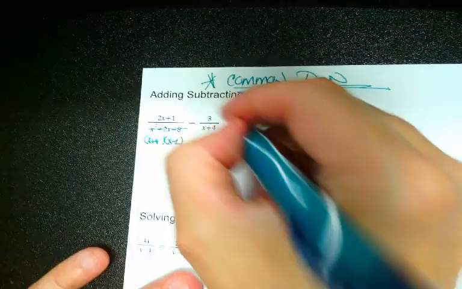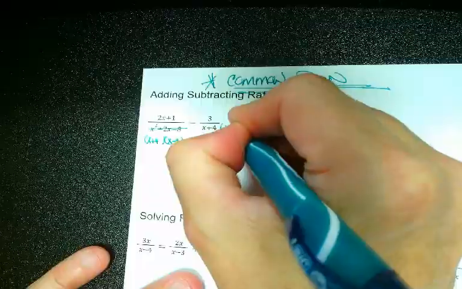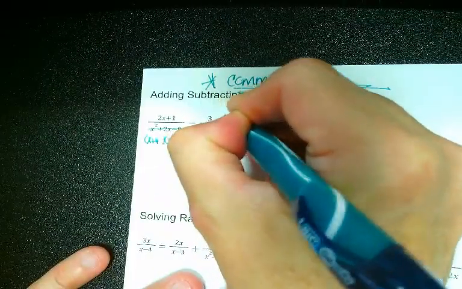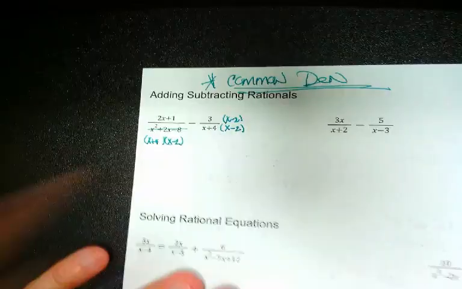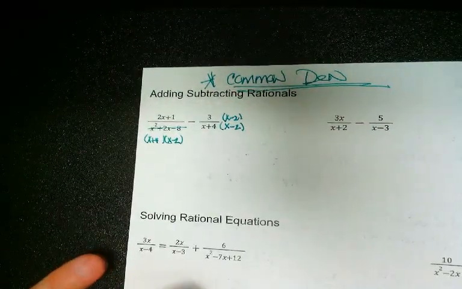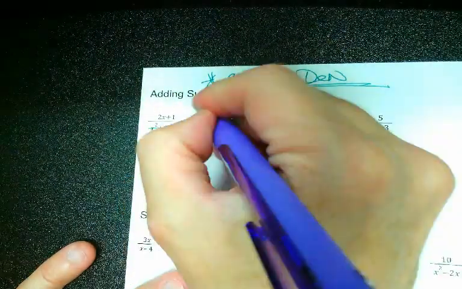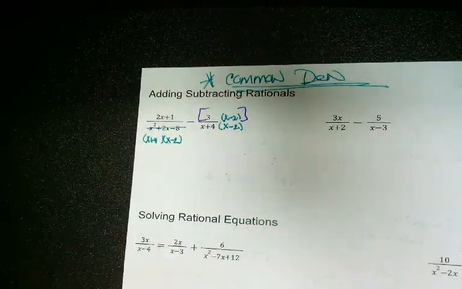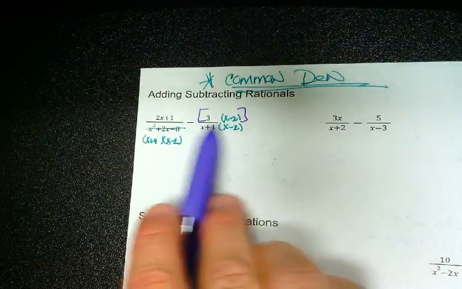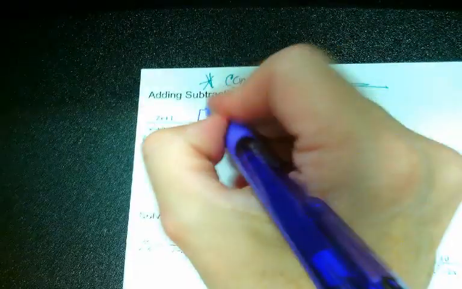X minus 2. So I am just multiplying this side by x minus 2 because I want them to look alike, hence the word common denominator. The only other thing I have to catch is that negative. I got to put that bracket there so I don't screw that up. I'm going to clean up inside my bracket. That really becomes 3x minus 6.